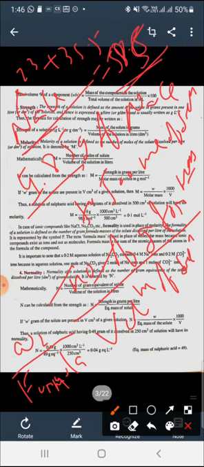Here we cannot call it a molecular mass. We call it a formula mass because NaCl is an ionic compound. So formula mass is 58.5.